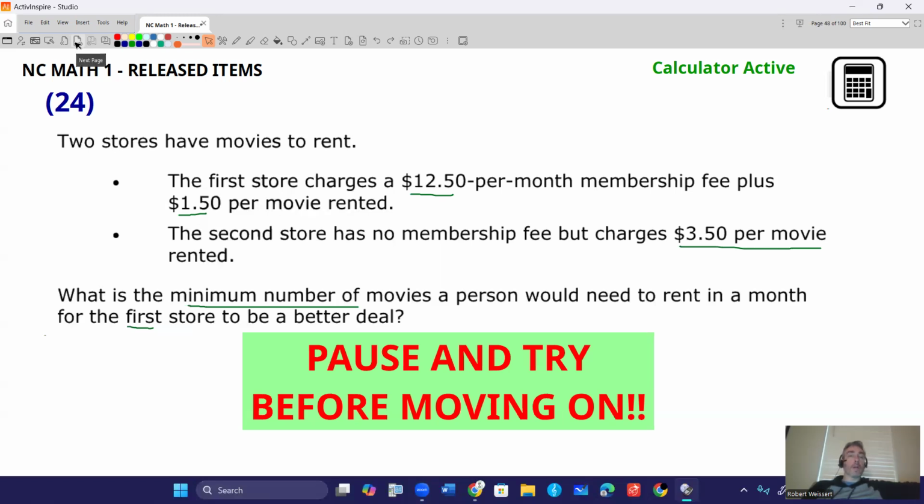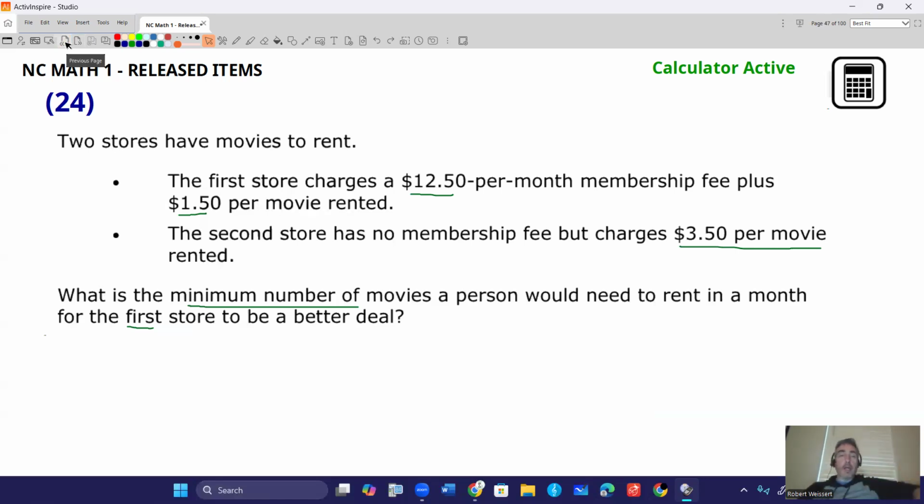So we're going to set up some equations. First, I'm going to use my trusty variables X and Y to represent these two stores.